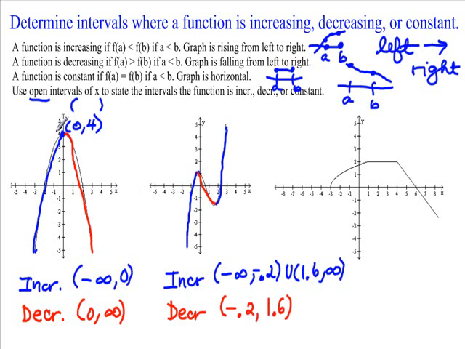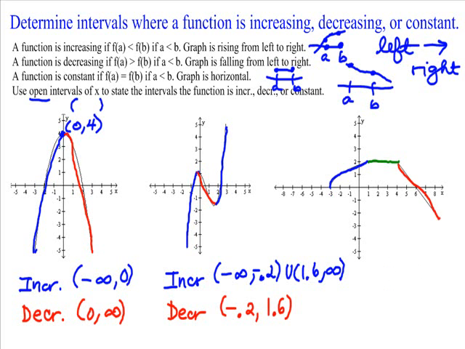Now, the last one, notice that from left to right I am increasing to a point, and then notice what happens. Then what happened? Yeah, it was constant. And then lastly, I was decreasing. So to write those intervals, I'm increasing for x. Where does my x start?